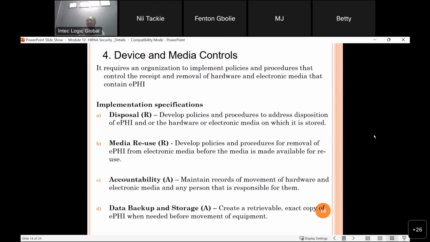Accountability. You must keep records. HIPAA requires that there must be records on movement of hardware. You move one hardware from one building to another building. Make sure that there's a record on that. That is where most of the breaches are happening. People walk into a covered entity, they see a laptop, they bolt away, right? You're not able to know whether this laptop belongs to the company or is somebody's personal laptop.